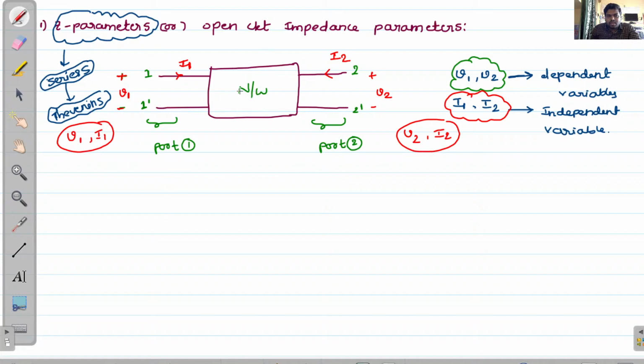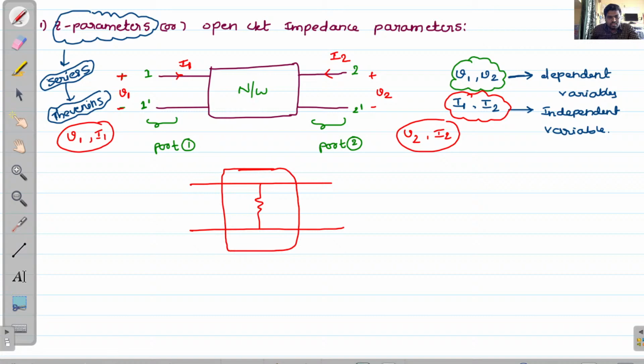Now if you take this as a two-port network, in between these two ports I will take one particular network like resistors, as an example. This is our network part, this is port 1, and this is port 2, and here V1, and here V2, and this one is I1, and this one is I2.